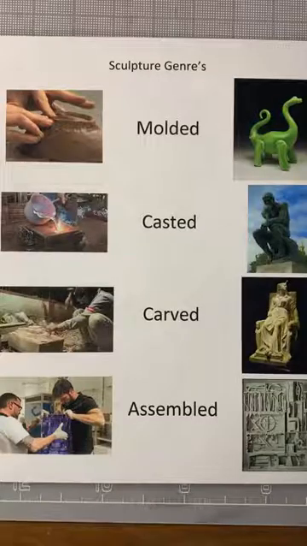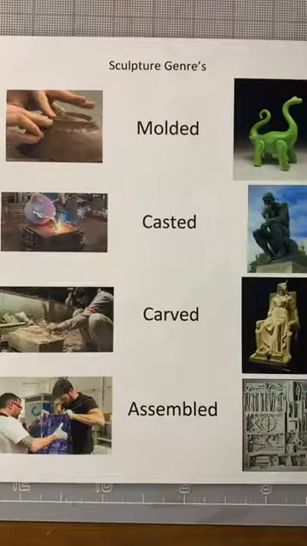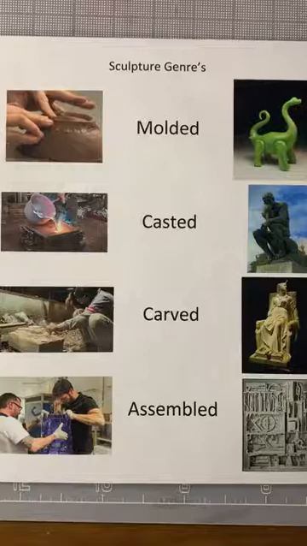So, for example, the first type of sculpture genre is anything that is molded. And molded, as I'm showing on the picture on the left, is when you take something and you are manipulating it. You're changing it by molding it to create the work of art that you have on the right.